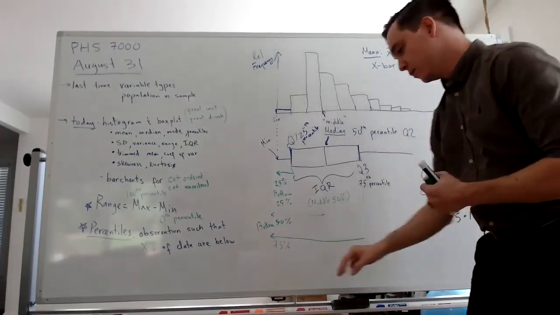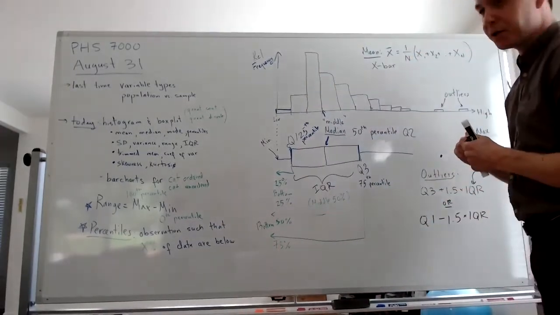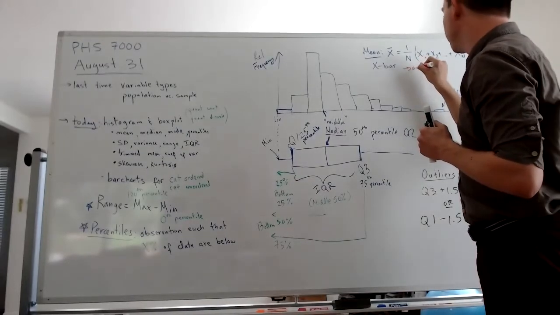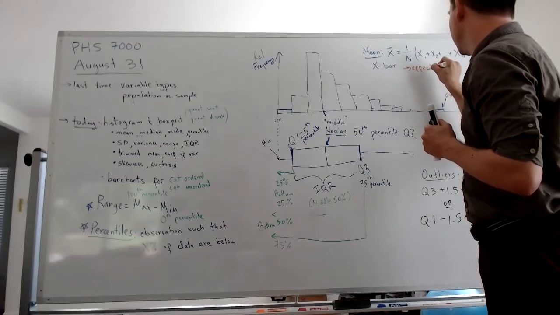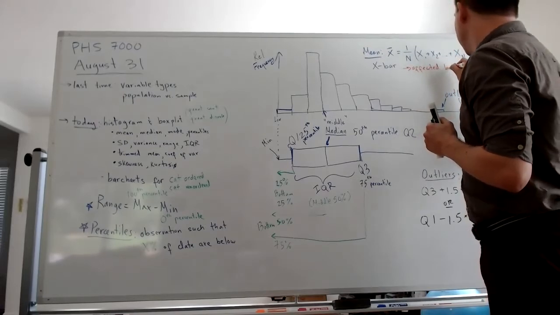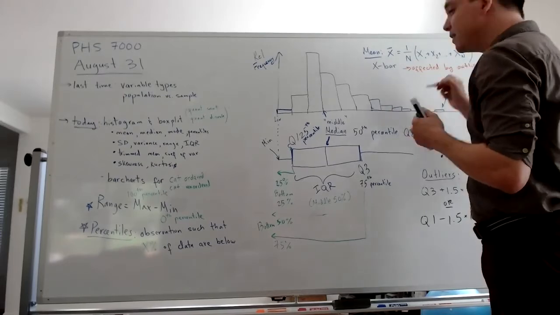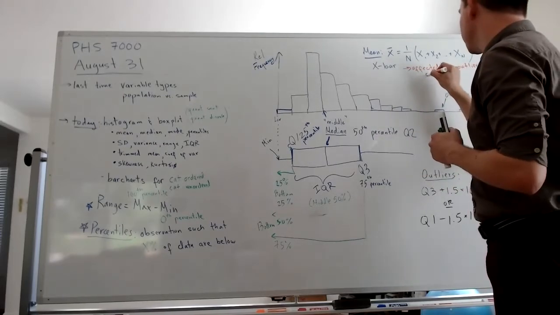And that's due to the summation that occurs right there. The average is affected by outliers and, in general, extreme observations.